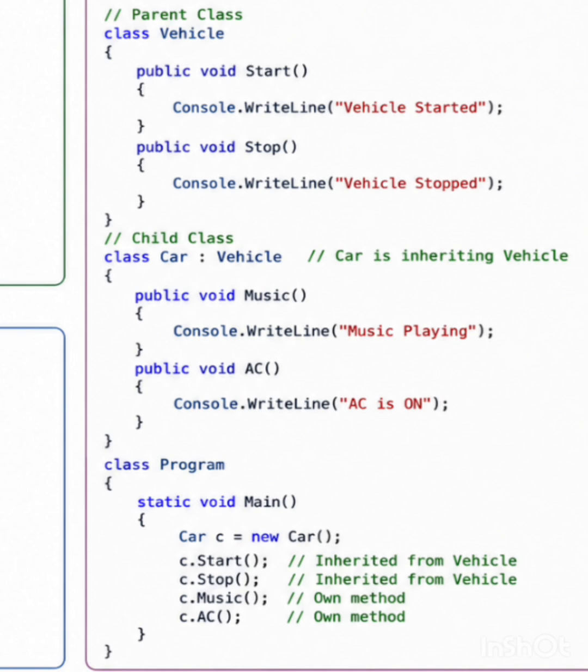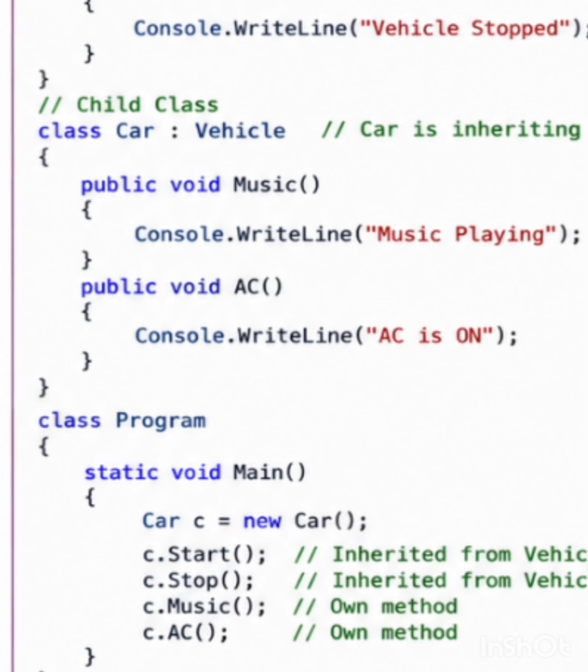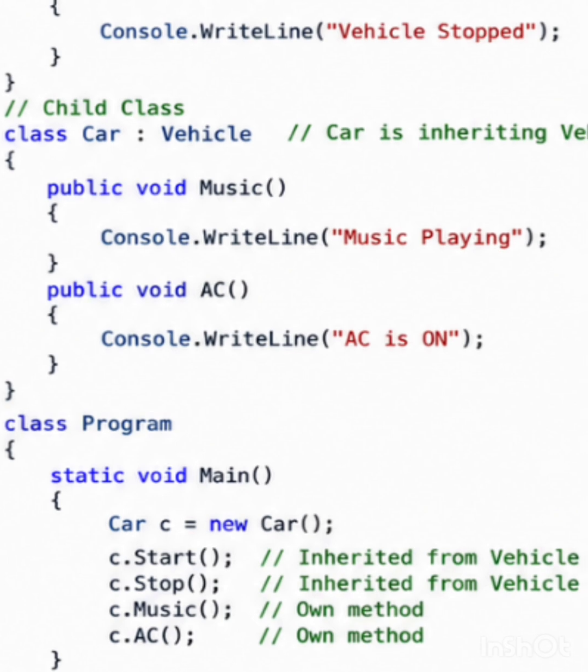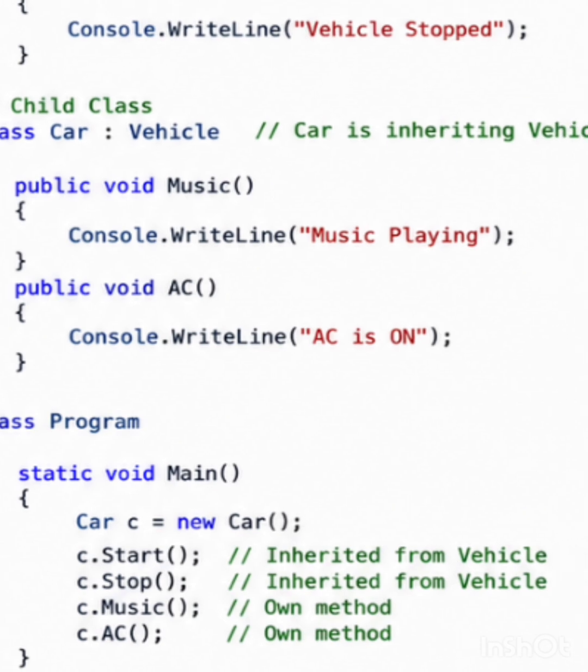So now Car has the music and AC methods also. In the main method, they created an object of the Car class. Car has only music and AC methods, but it can acquire start and stop also: c.start, c.stop, right? So you can see it's inherited from Vehicle.